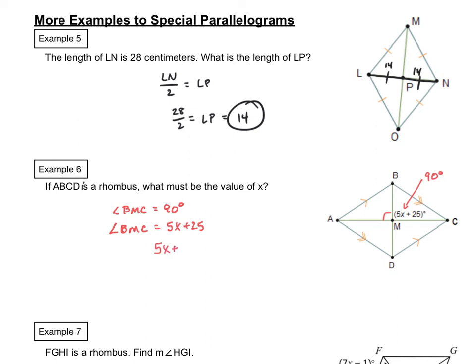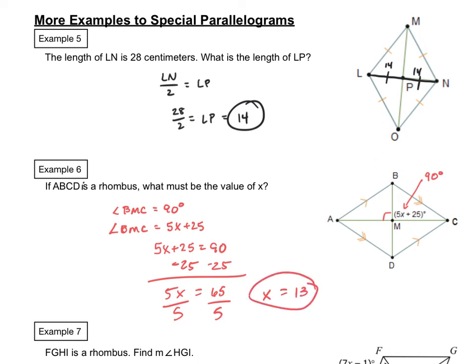So 5x plus 25 is equal to 90. Subtract 25 from both sides, and 5x is going to be equal to 65. Divide both sides by, not x, but by 5. And x is going to be equal to 13. So the value of x is 13.